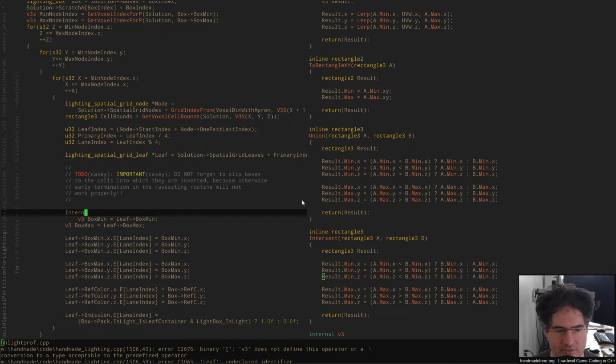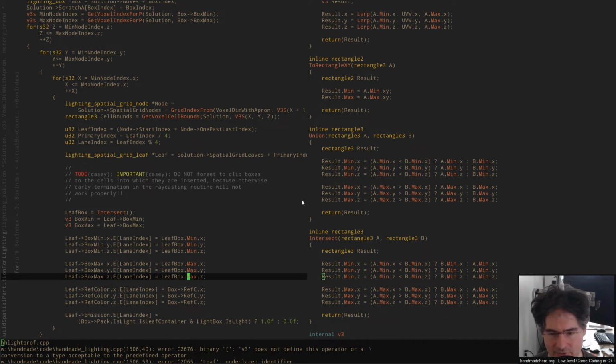So here we can just use intersect. And so we can say leaf box equals intersect. And this way we have clipped each of our insertions into our spatial partition to that spatial partition. So we know that we wouldn't be producing any intersections outside of the spatial partition ever.